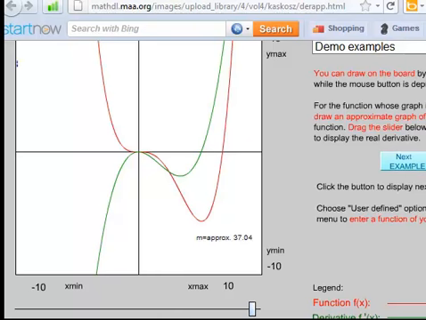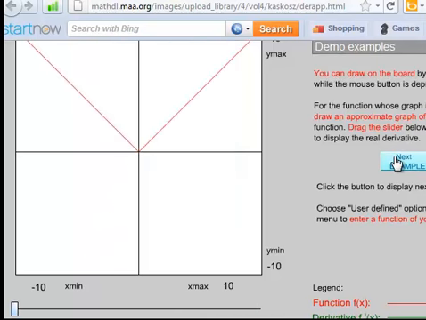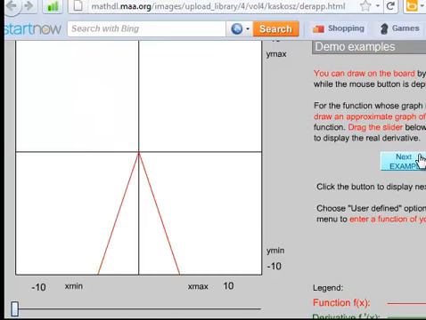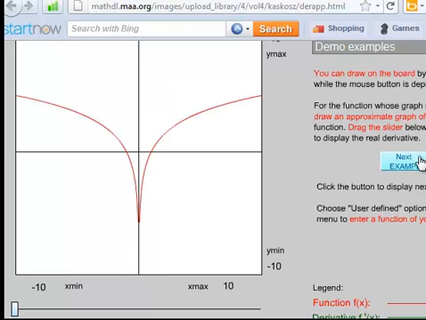So now we want to get e to the x. Oh, well, this is cool. Let's use this.